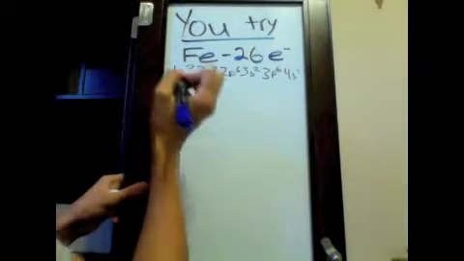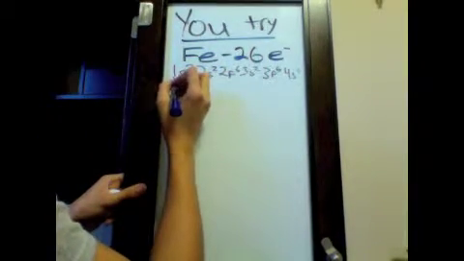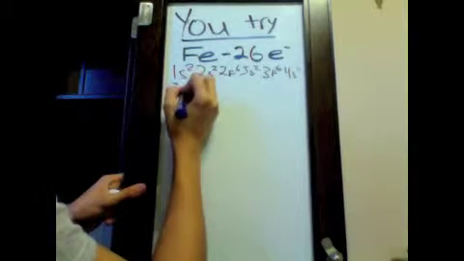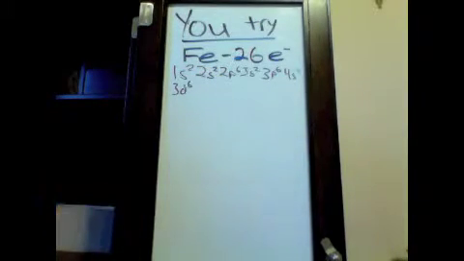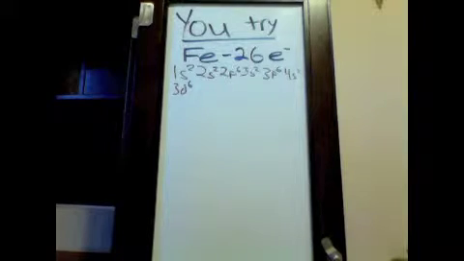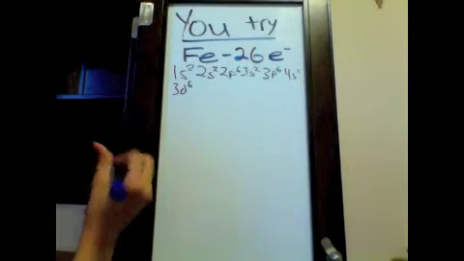And there's the D sublevel, which we only need 6, so we won't write down all 10. And there it is, the electron configuration.